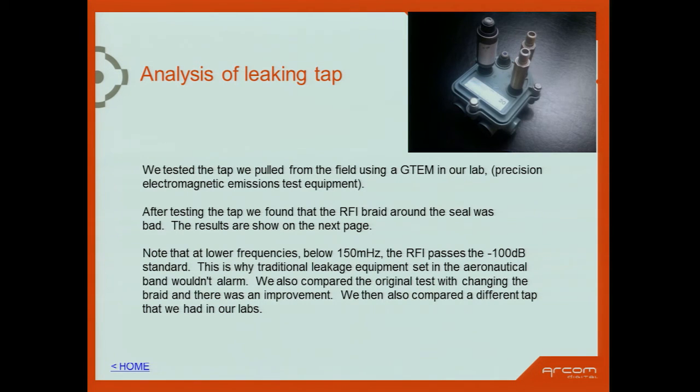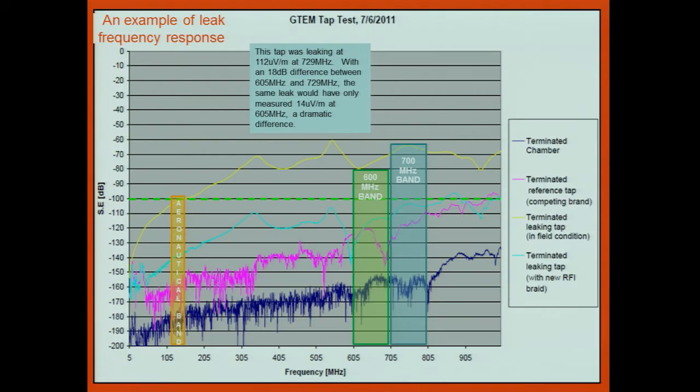So the performance at 150 megahertz was great, aeronautical frequency. But this is what happens, because as you increase in frequency, the shielding effectiveness gets worse, of course. Now, this leak was not detected, as I mentioned, at aeronautical frequency because the shielding effectiveness was okay at 100 dB.